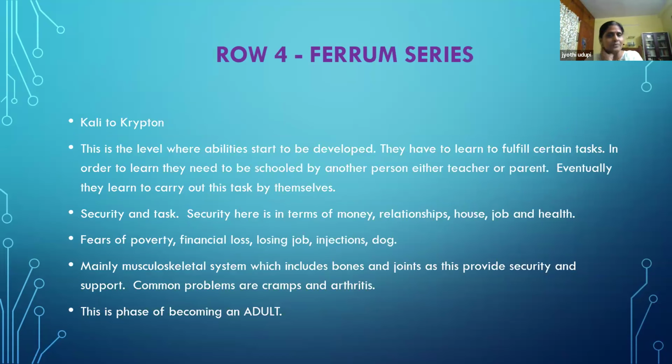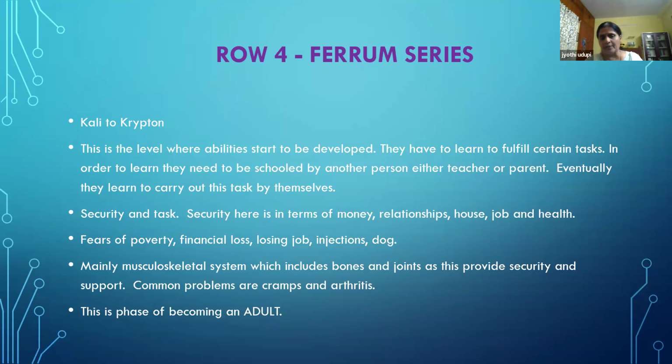Row 4 is the Ferrum series, Kali to Krypton. This is the level where abilities start to be developed. They have to learn to fulfill certain tasks. In order to learn, they need to be schooled by another person, either a teacher or a parent. Eventually, they learn to carry out the task by themselves. Security and task. Security here is in terms of money, relationship, house, job, and health.